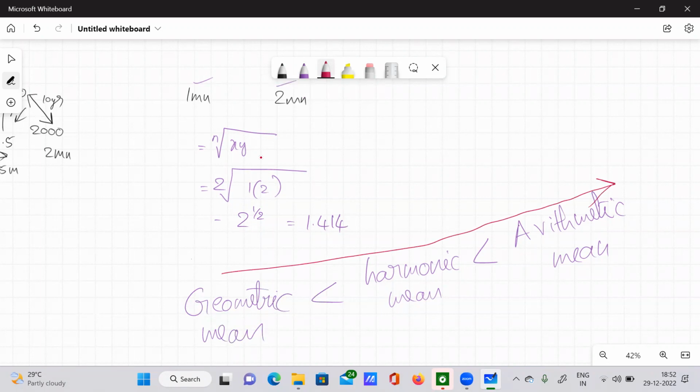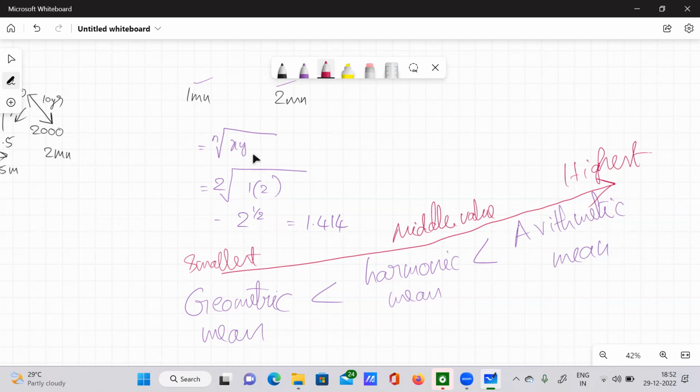This would be the smallest value, and this would be the highest value, and in between these lies the middle value, that is the harmonic mean, right? So this is the thing here.